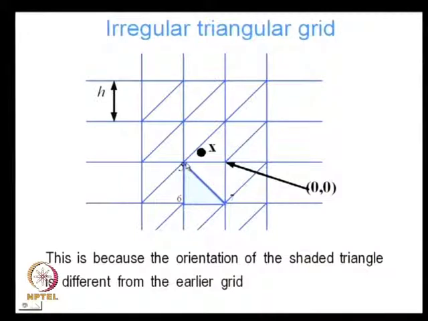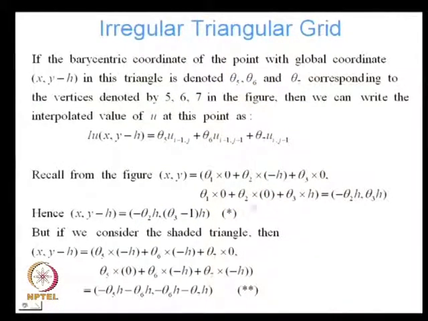This point has x coordinate minus h, that point has x coordinate 0. So, it is theta 1 times 0 plus theta 2 times minus h plus theta 3 times 0. Similarly, the y coordinate is theta 1 times 0 plus theta 2 times 0 plus theta 3 times h. So, that is what I have just written here.